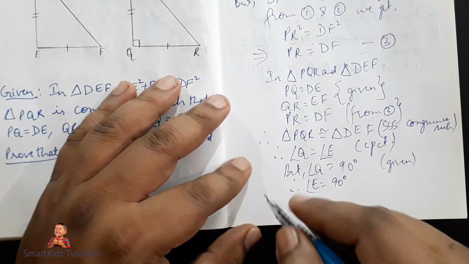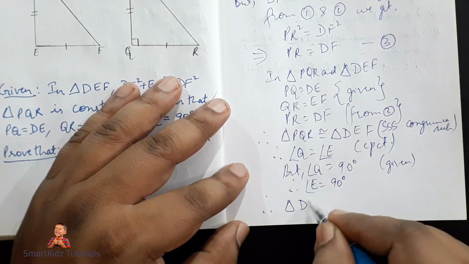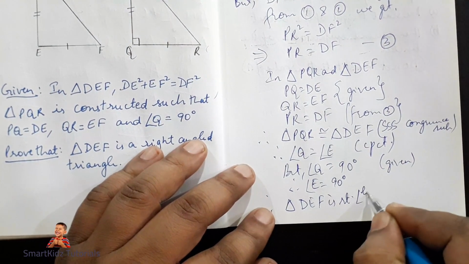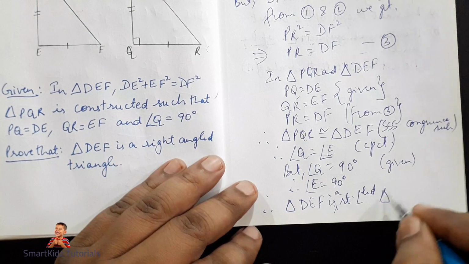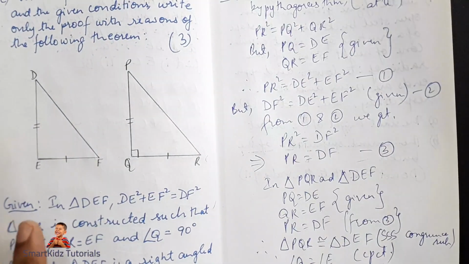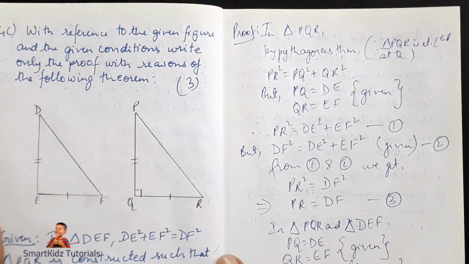Okay, and therefore we can say that triangle DEF is a right angled triangle. So this will come for 3 marks, this particular theorem like this.